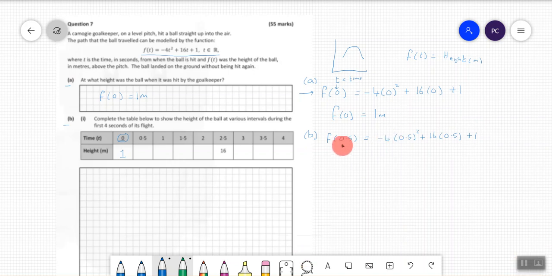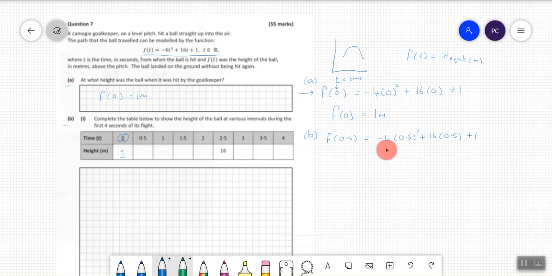If we work this out, 0.5 squared is 0.5 multiplied by 0.5, that's going to be a quarter. And a quarter multiplied by minus 4 is equal to minus 1.